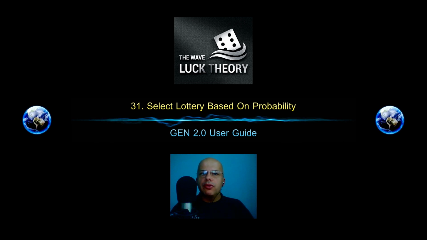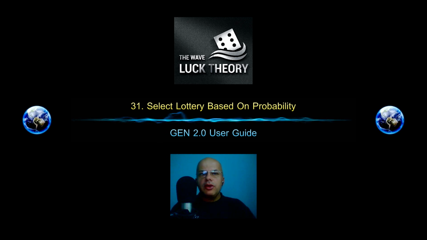Therefore, I created for today's episode the Gene Lottery Calculator that you can download from the link placed in the description of this video, and it will help you to select the right lottery by calculating its probability, because the probability is not easy to find on the official website of the lotteries to see it on the first sight, because when you see it you can easily realize that to win the lottery is really very hard, and the lottery companies don't want you to see it on the first sight.